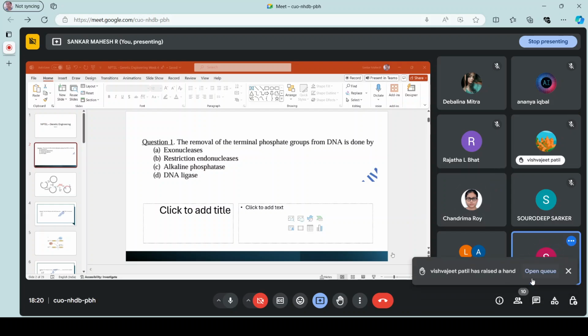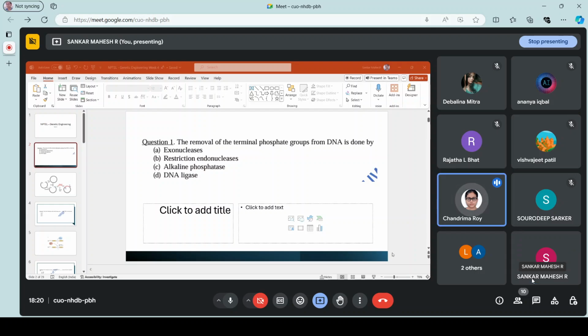Okay, but it does not remove a phosphate group, is it? No, it doesn't remove it. Right, you're right about that. Except that, you need to be precise.